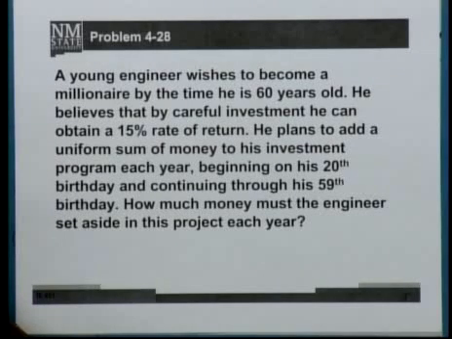He believes that by careful investment, he can obtain a 15% rate of return. He plans to add a uniform sum of money to his investment program each year, beginning on his 20th birthday and continuing through his 59th birthday. How much money must the engineer set aside in this project each year?